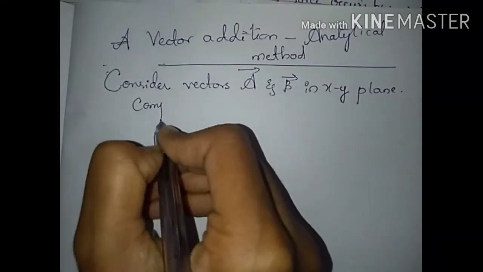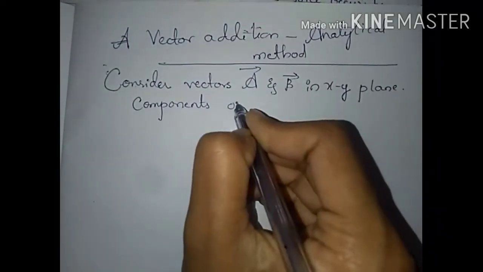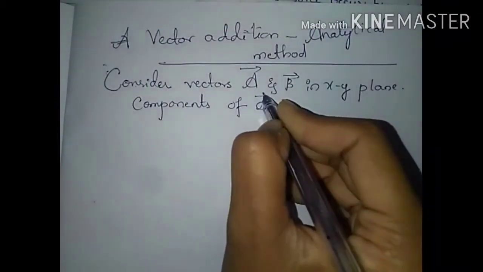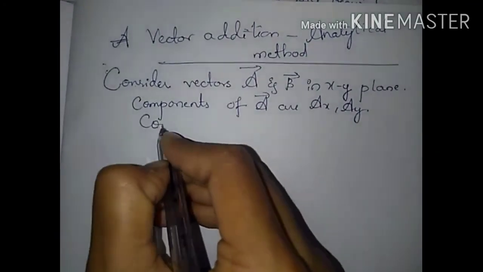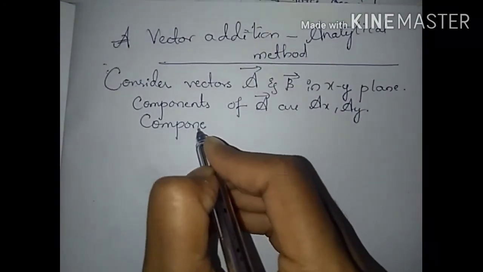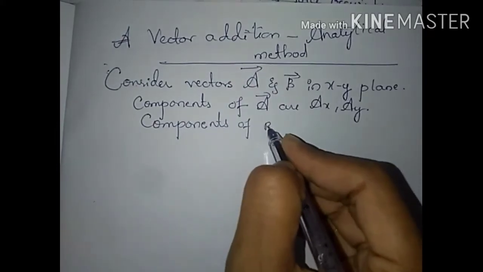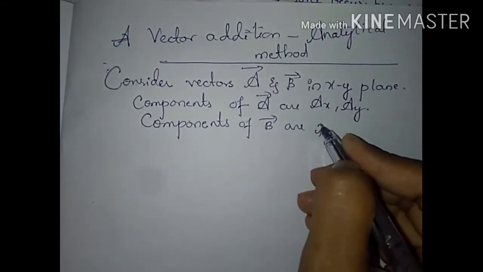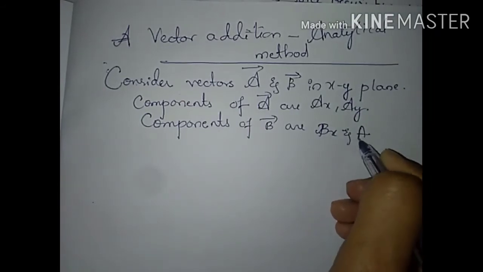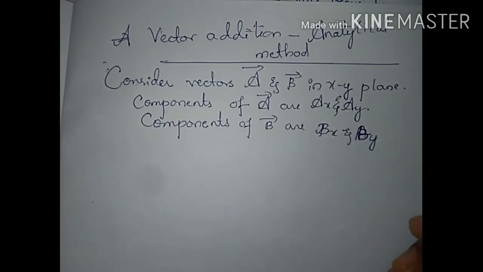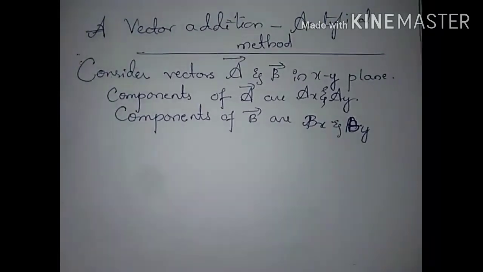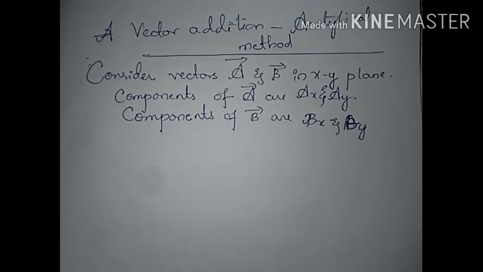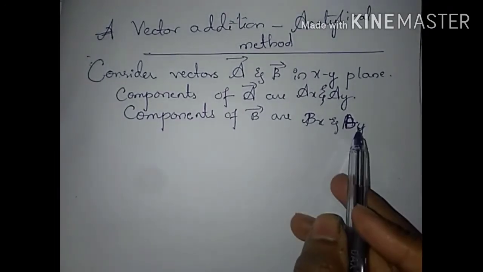Components of A are Ax, Ay, and components of B are Bx and By. So you have the components of A and B in XY plane as Ax and Ay and Bx and By.